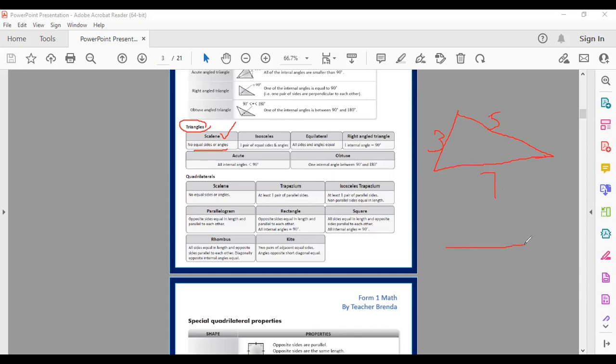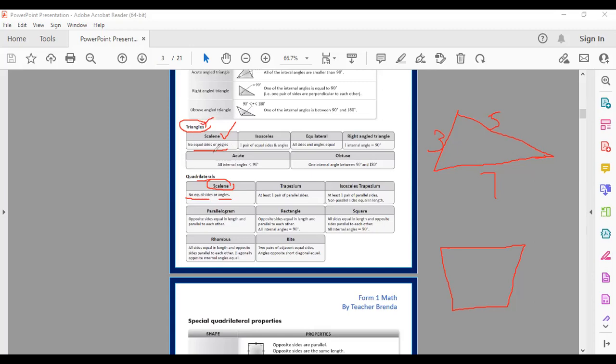Now, if I draw say a 4-sided shape, it's not a trapezium, this is not parallel. I just draw any 4-sided shape. I also call it a scalene quadrilateral, which means none of the sides are the same. There are no equal sides or angles. So the word scalene is kind of special.